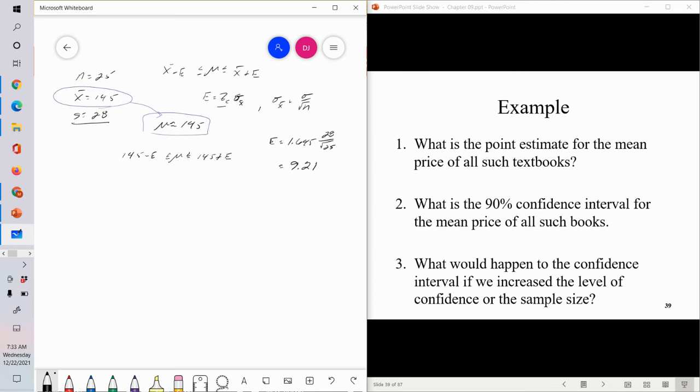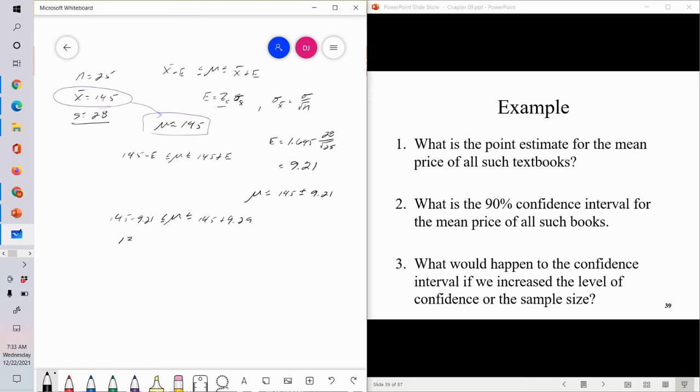So I would expect that mu, one way to write this, is approximately $145 plus or minus $9.21. Or I can write that mu is somewhere between 145 minus 9.21, 145 plus 9.21.